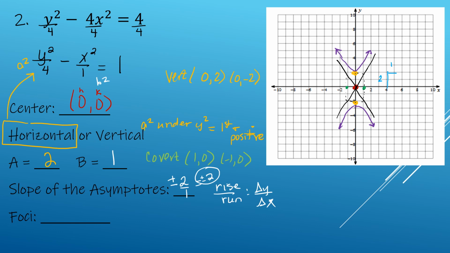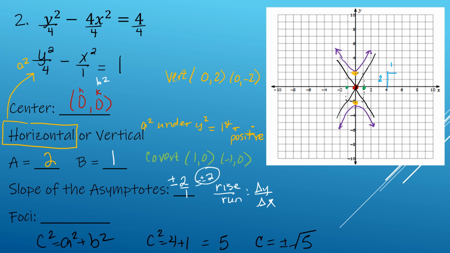All right, and last but not least, to determine the foci, we're going to do c squared is a squared plus b squared. Remember, our foci should be outside past our vertices. So c squared is 4 plus 1, which is just 5. So that means c equals positive and negative square root of 5.